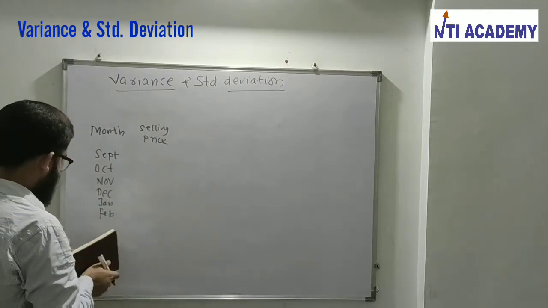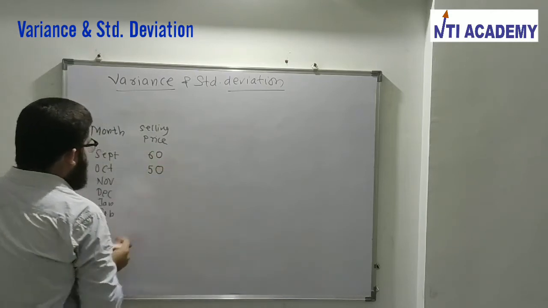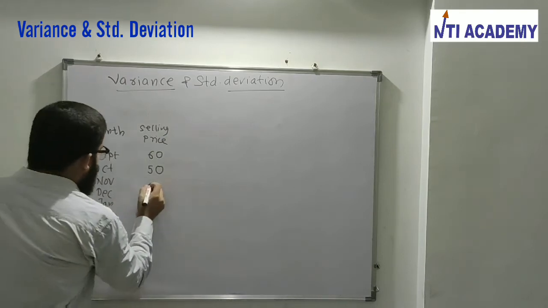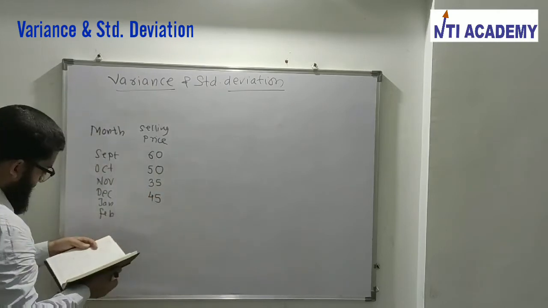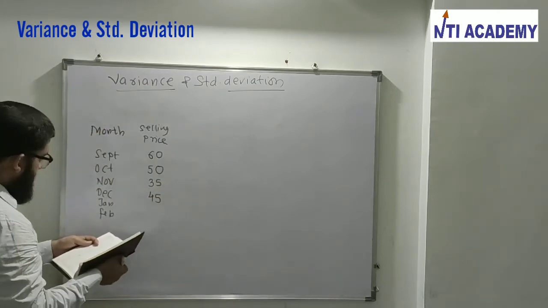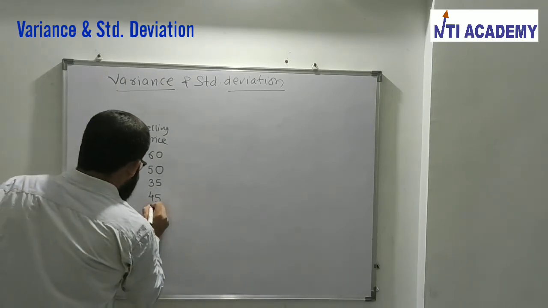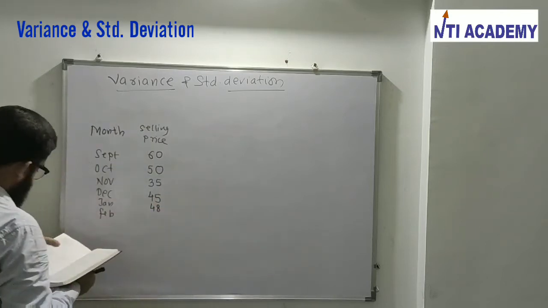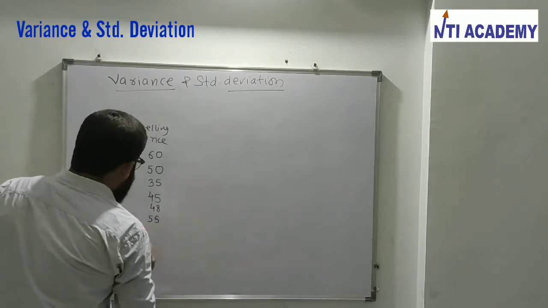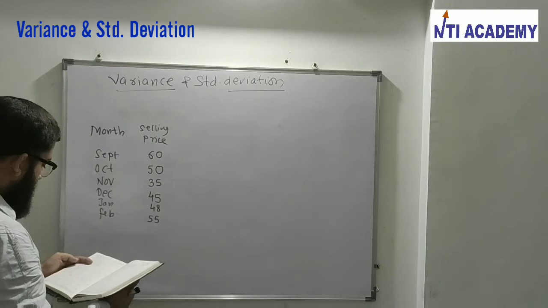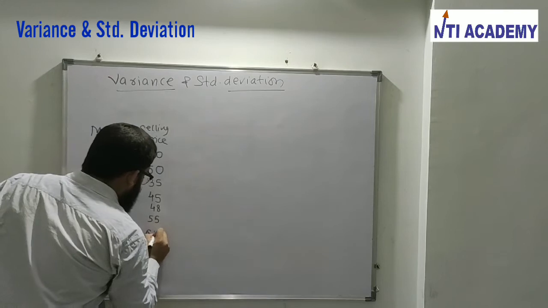So in the month of September we had a selling price of 60, then October we had 50, 35 in November, 45 in December, then we have 48 in January, and 55 for the month of February, and we can also include March, which is 64.